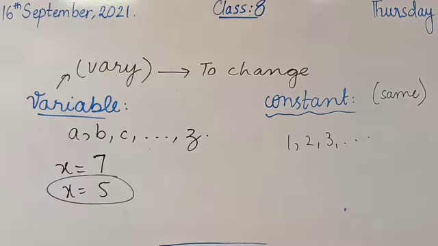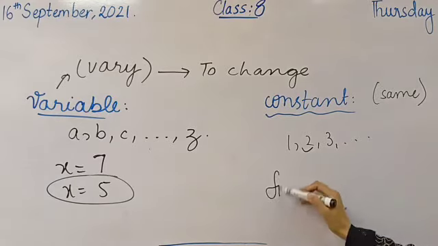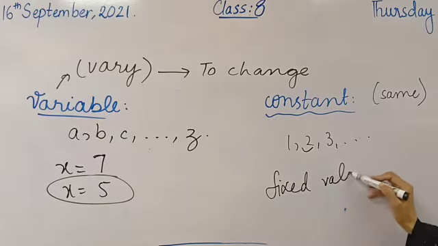Numerical value means numbers. A symbol that has a fixed value is called a constant. For example, the value of 2 will be 2. Whatever the conditions are, it will remain 2. So it has the fixed value 2. So this is a constant. Okay. A variable is a value which varies according to the given conditions, but the value of a constant will remain the same whatever the conditions are.